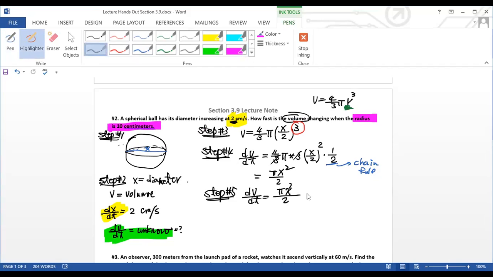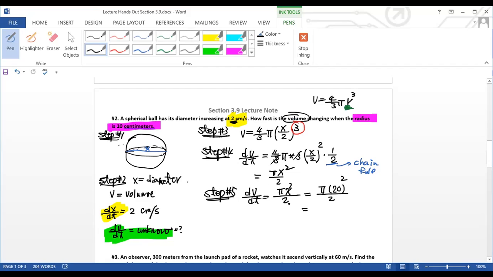Because the radius is 10 centimeters, the diameter x is twice the radius, so x will become 20, squared.